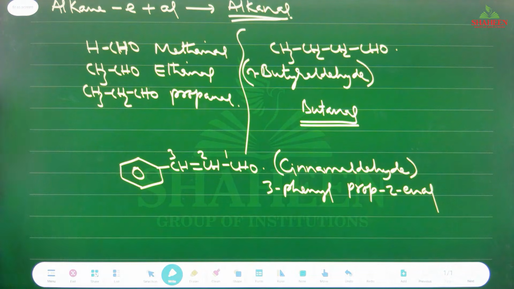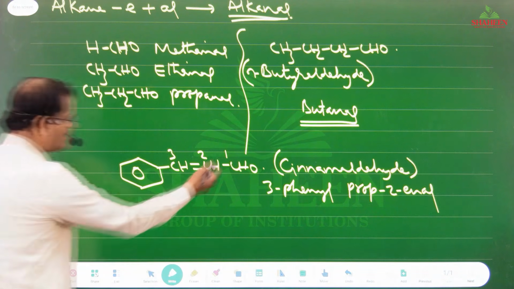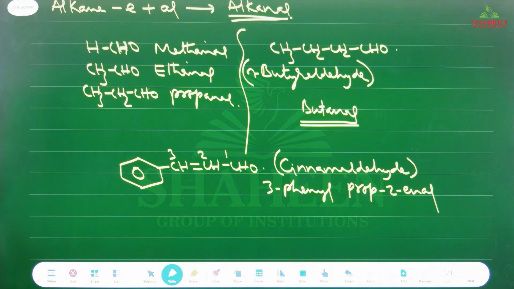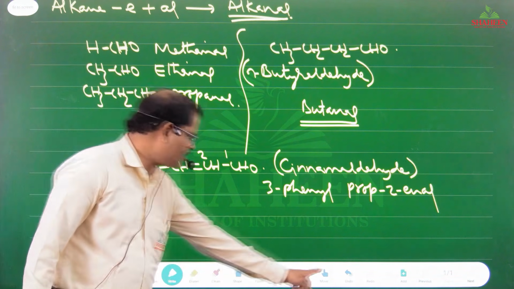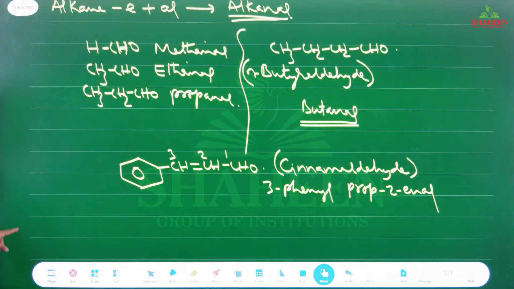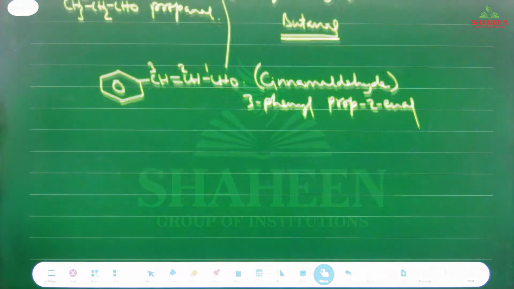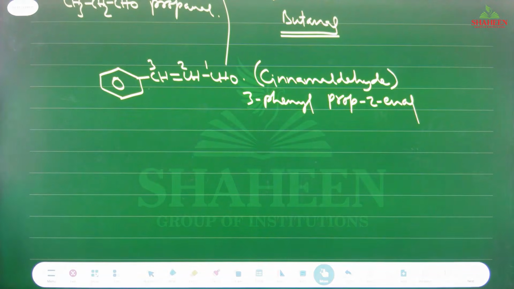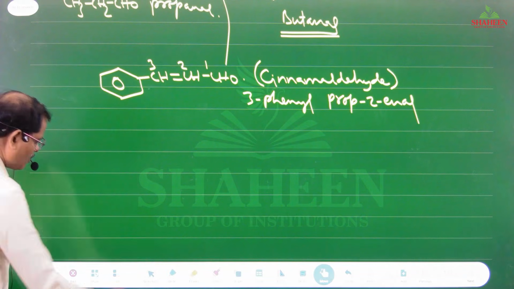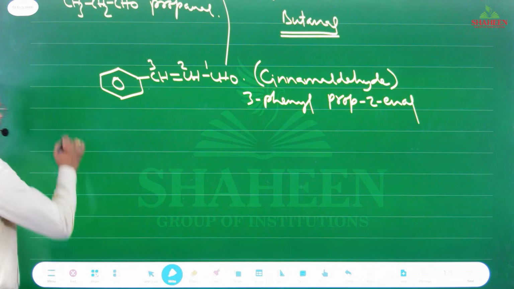There is a double bond between the 2 and 3 carbon atoms. That is why 2-en. And al indicates the aldehyde functional group. The aldehyde functional group always has priority 1, so there is no need to mention its position. That is why directly we can write it as enal. So this is about the nomenclature of aldehydes.